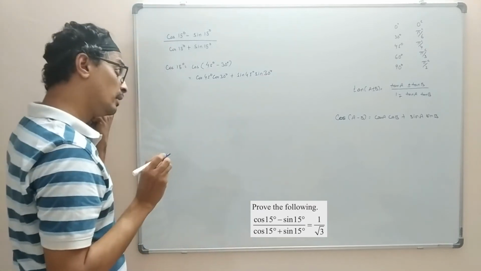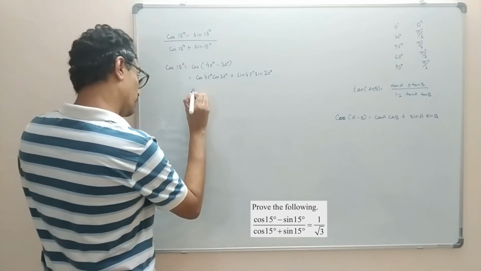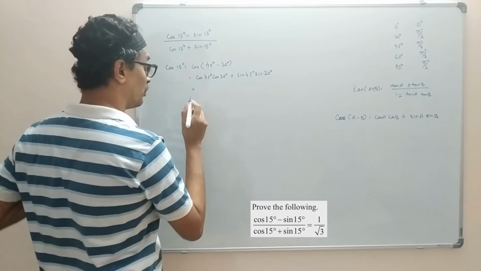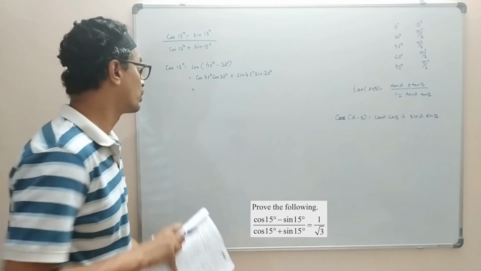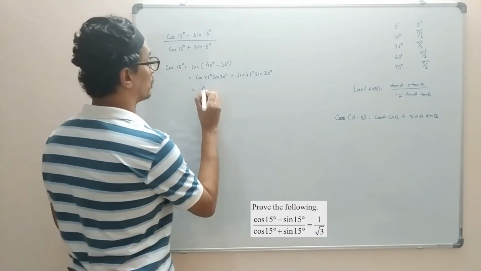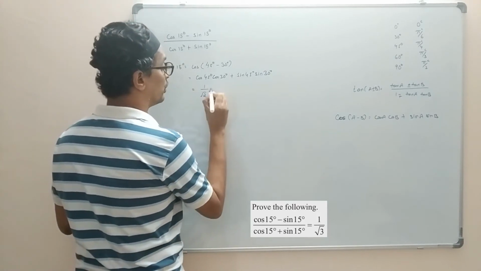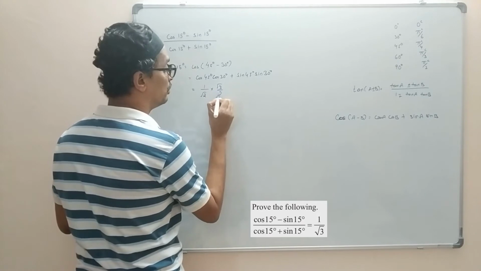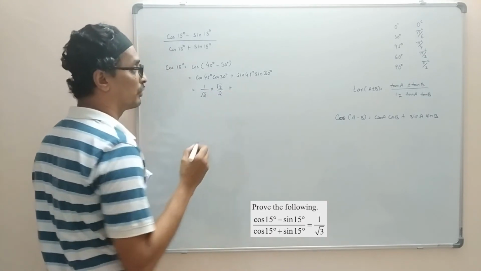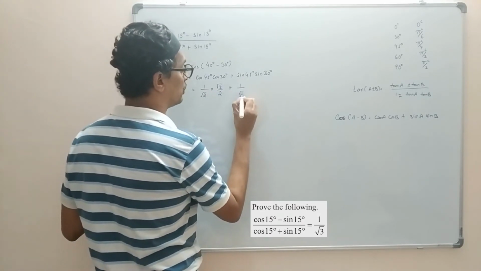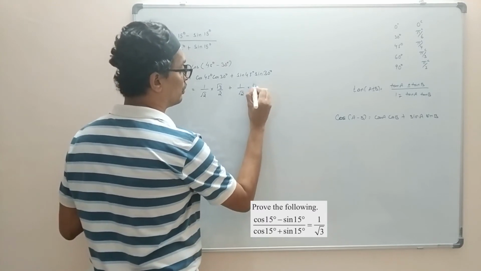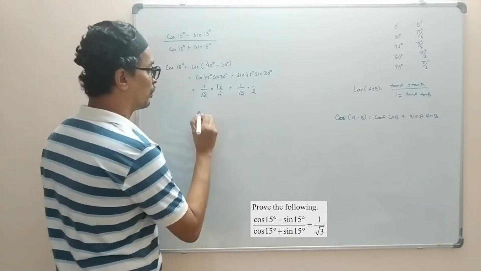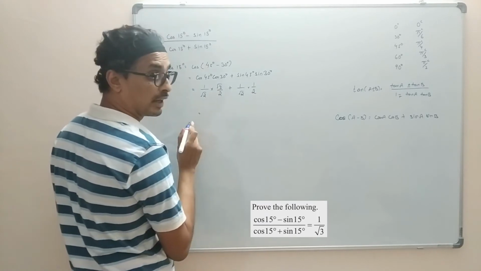Correct? So what will this be? Cos 45 is equal to 1 by root 2. What is cos 30 degree? Root 3 by 2. So this is 1 by root of 2 into root 3 by 2 plus, what is sin 45 degree? Again 1 by root of 2, into sin 30 degree is 1 by 2. So we can take 2 root of 2 common.